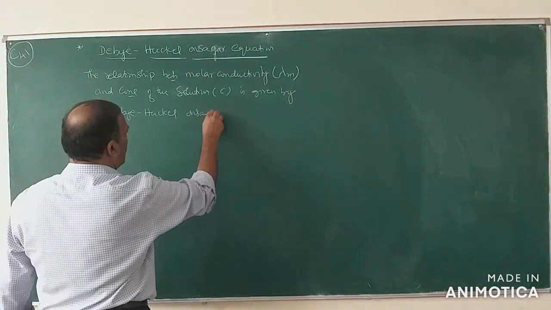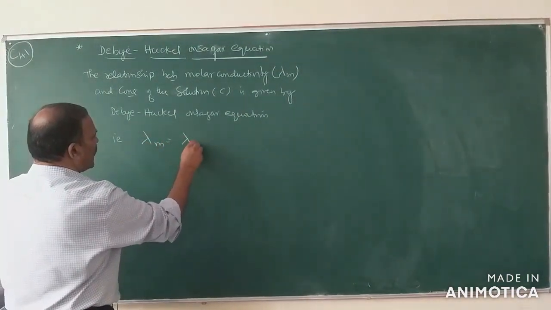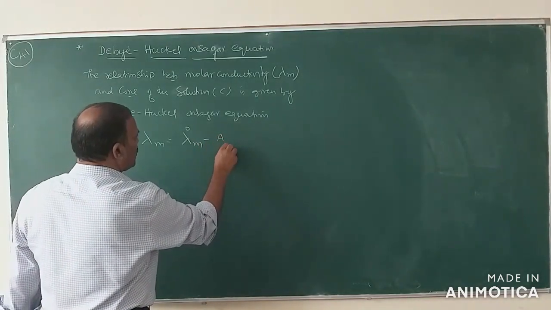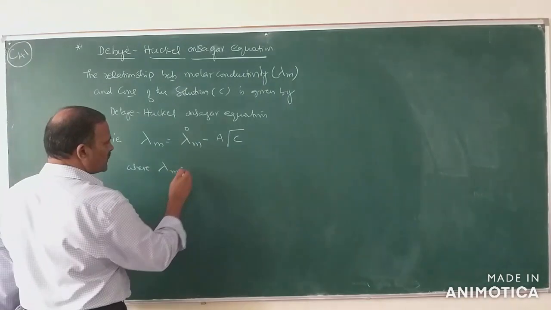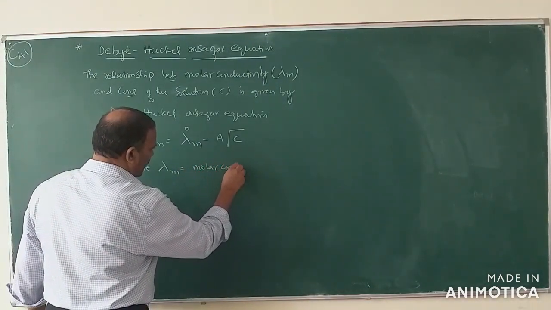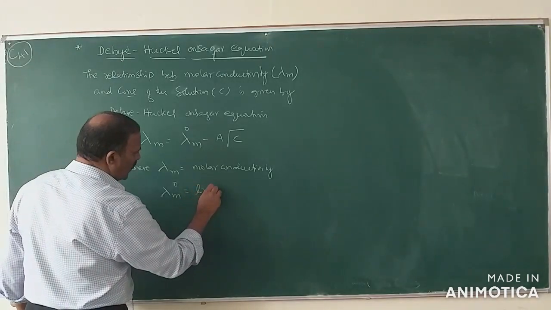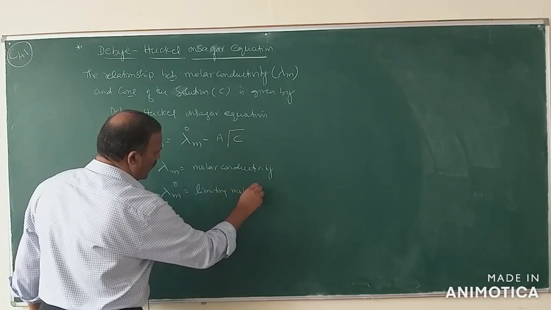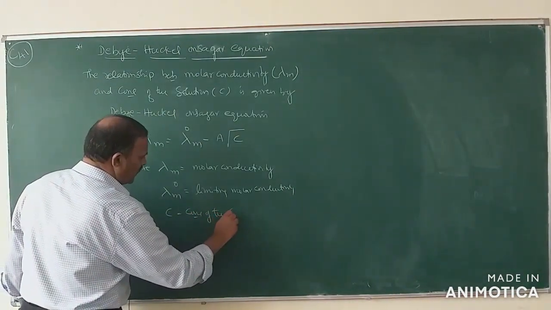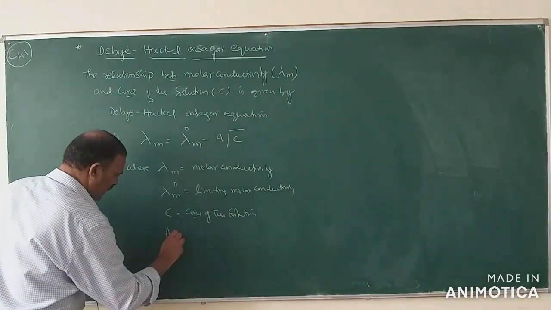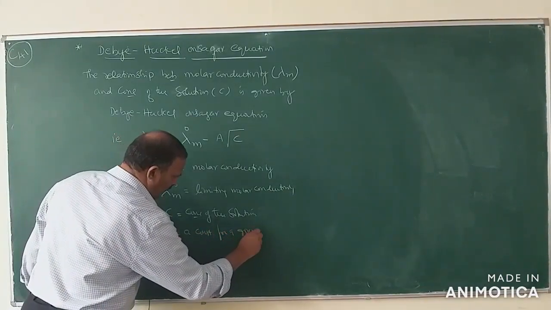the Debye-Hückel-Onsager equation, that is, lambda m is equal to lambda m naught minus A into root of C, where lambda m equals molar conductivity, lambda m naught equals limiting molar conductivity, C equals concentration of the solution, and A equals a constant for a given solvent.